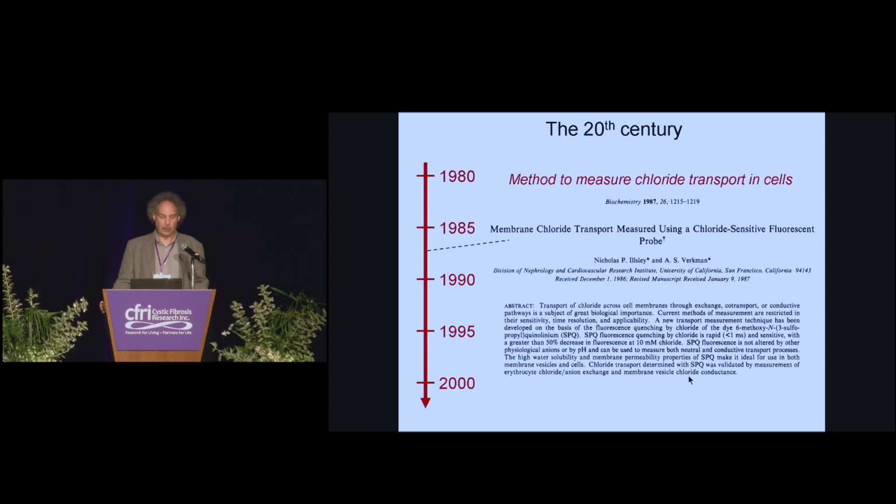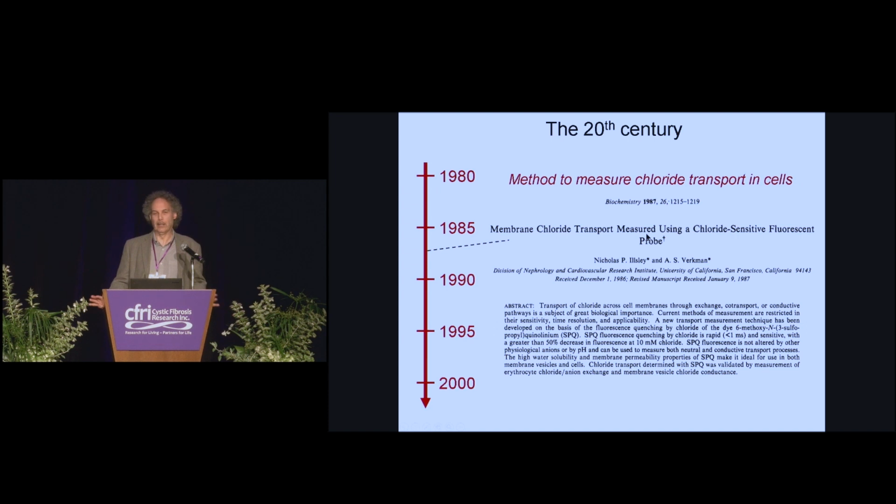I then came to UCSF after completing medical training at the Brigham and Women's Hospital at Harvard. And at UCSF, for completely unrelated reasons, we were looking for a fluorescent indicator of chloride. And obviously, chloride is what's important in CF. In 1987, we published this paper of a fluorescent probe useful to measure chloride.